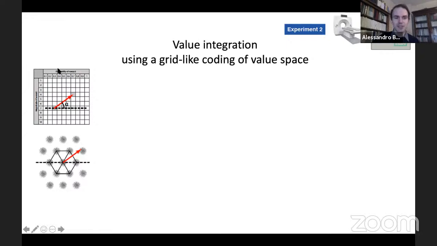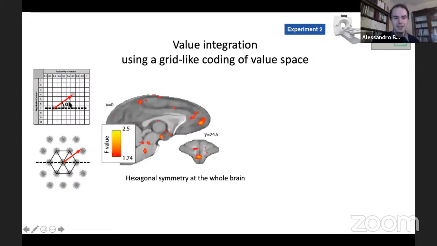And now we want to see if this spatial value space that we described can be analyzed in the same way.